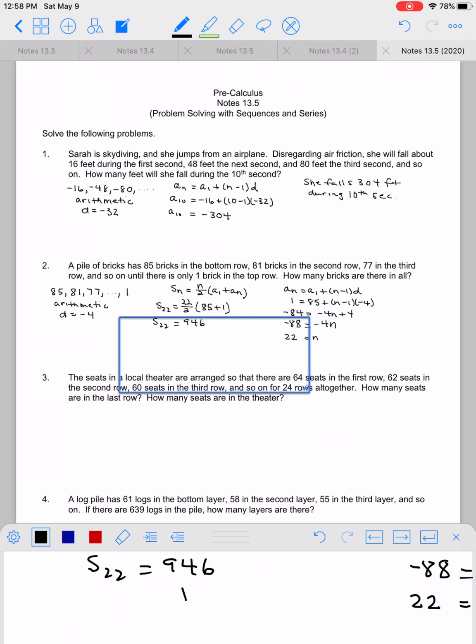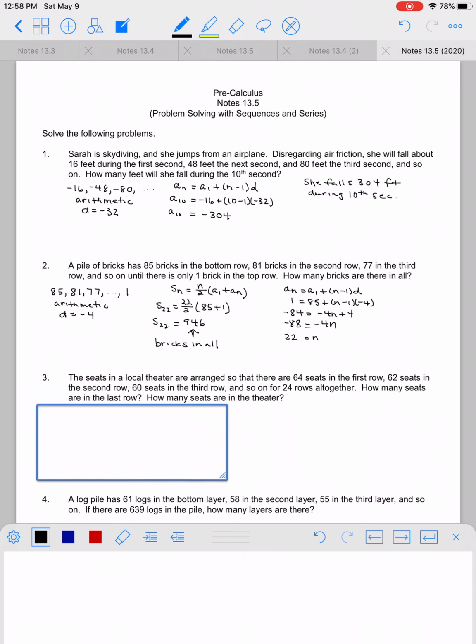And that 946 is the total number of bricks in all. I don't need anything specific as far as how to answer that, just manipulation of the formula and finding the answer.